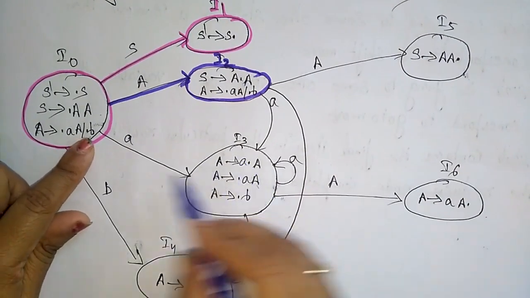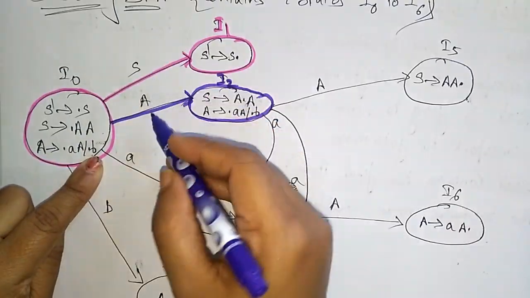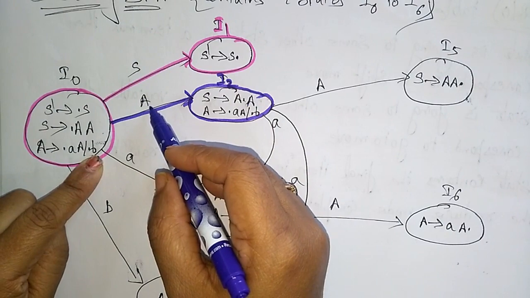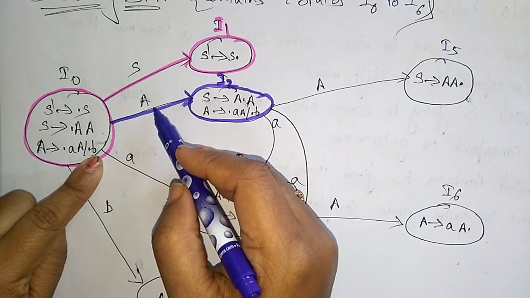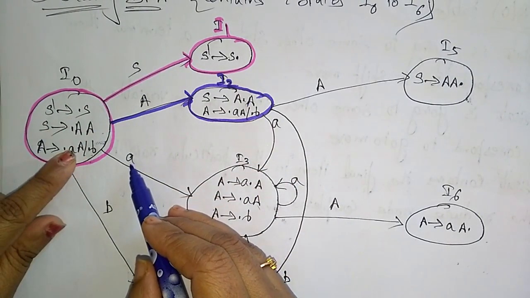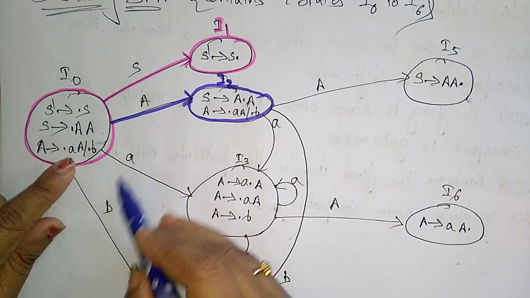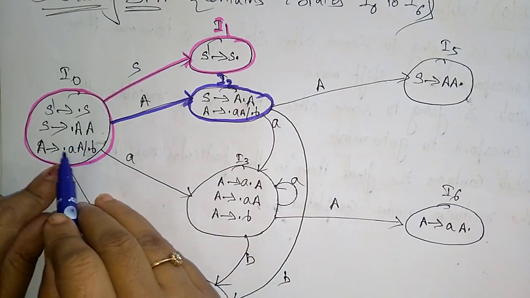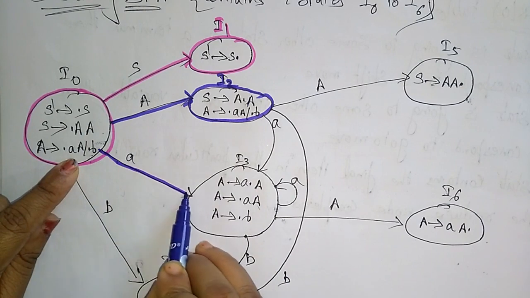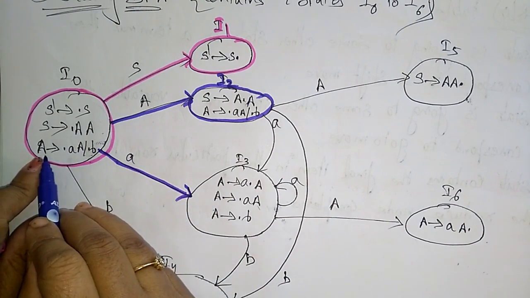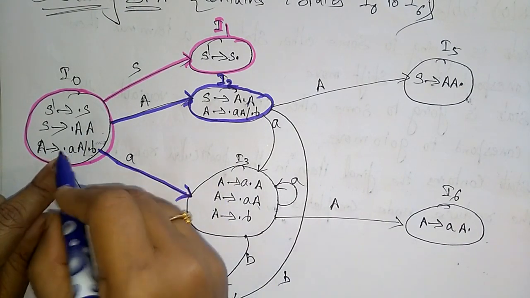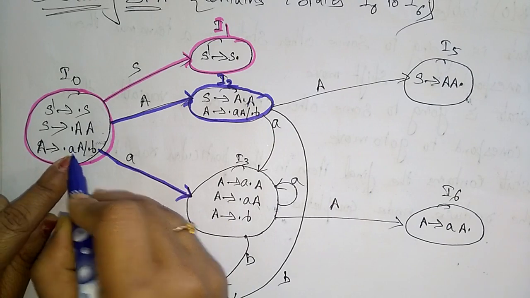Now coming to the I3. So S is over, terminal A is over, non-terminals S and A are over, and still the remaining elements are the terminals A and B. Now let's see that on A. On A, the production was A determines, just move the dot from left hand side to right hand side.